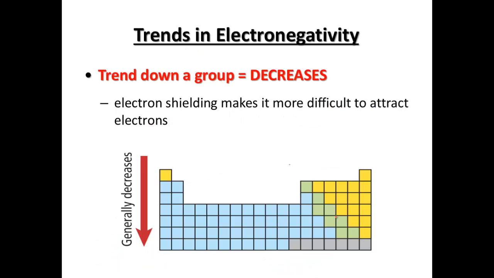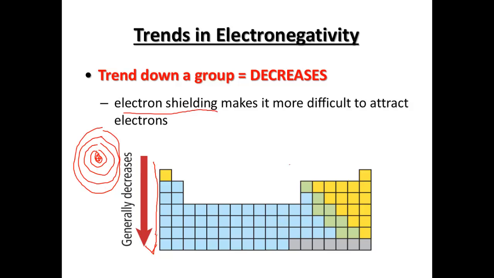So our trend for electronegativity: as we go down a group, it's going to decrease the electronegativity. The electron shielding makes it more difficult to attract electrons. As we add those energy levels, that positive nucleus is going to have a harder time pulling on electrons.